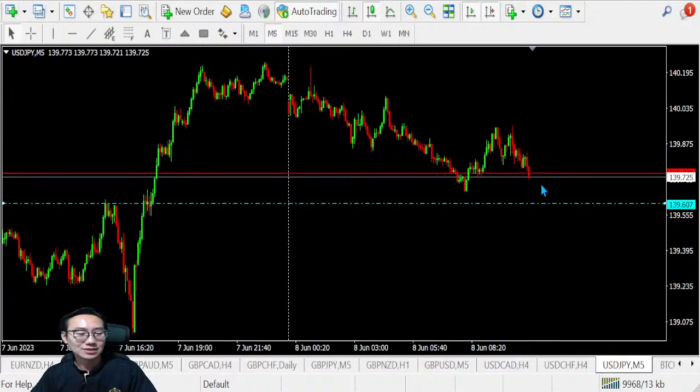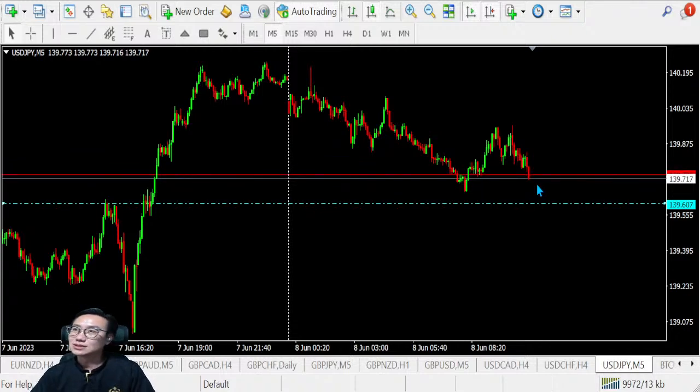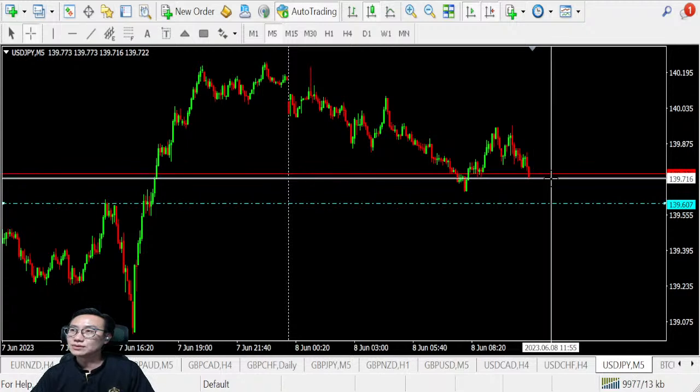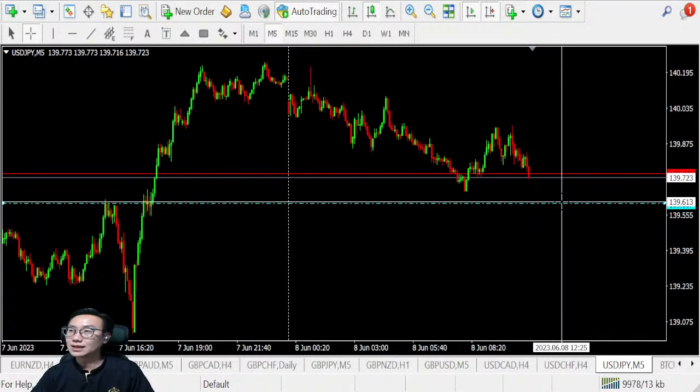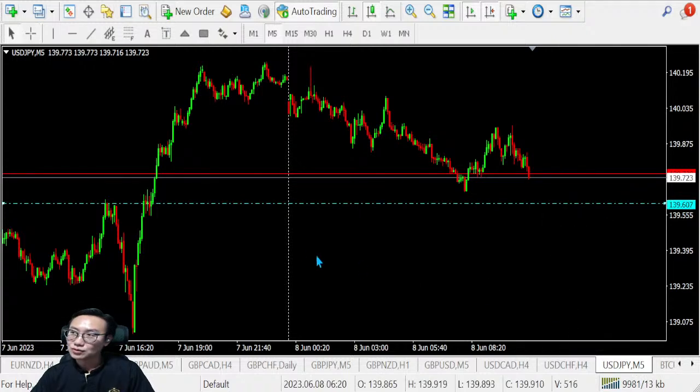Okay, well done, very good. So over here, I hope you can manage this trade well, and then later on, if it breaks below to retest, then even more to go. There'll be more to go.